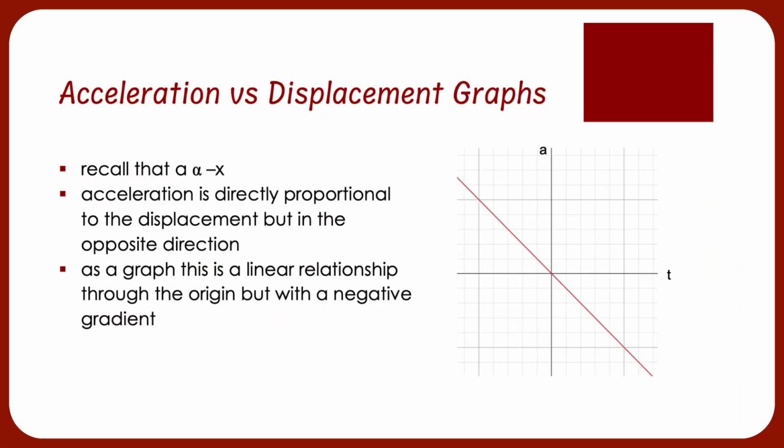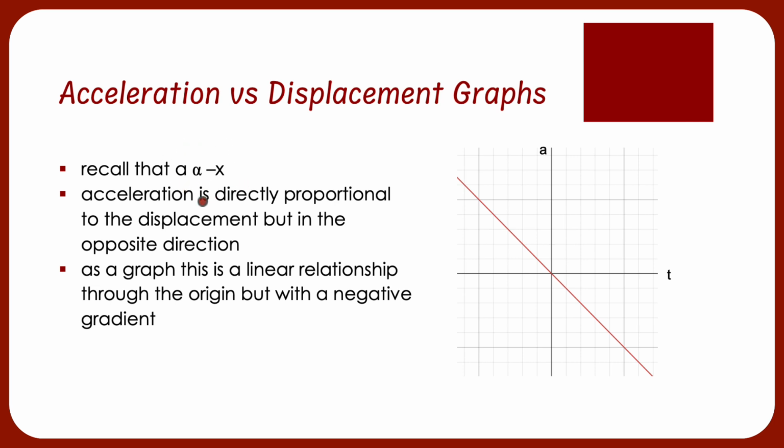There's one more graph I want to point out, and that's an acceleration versus displacement graph. Remember that for simple harmonic motion, our acceleration is directly proportional to the displacement, but they're in the opposite direction. That's what this negative sign is for, the opposite direction.